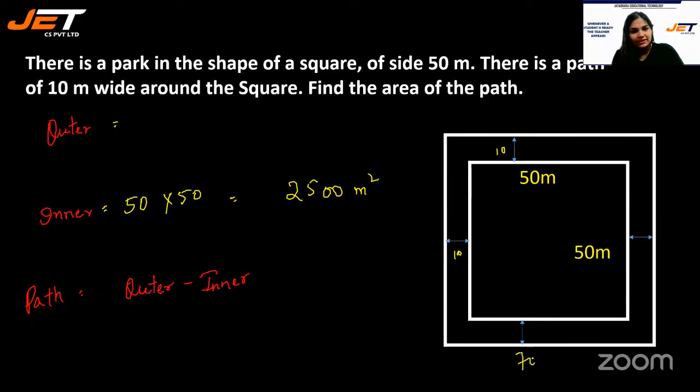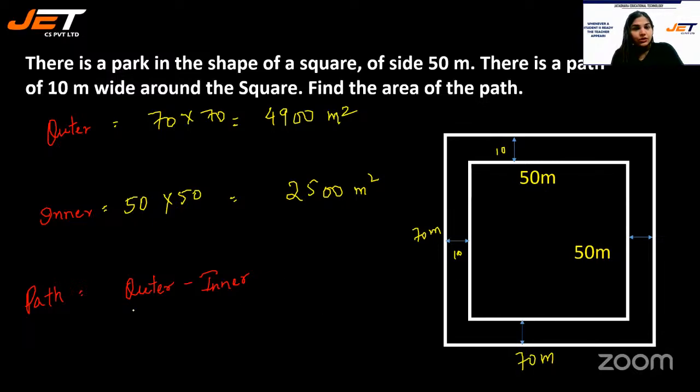That means the side is 70 meters, and here also the side is 70 meters. So 70 meters times 70 meters is 4900 square meters, because 7 times 7 is 49.